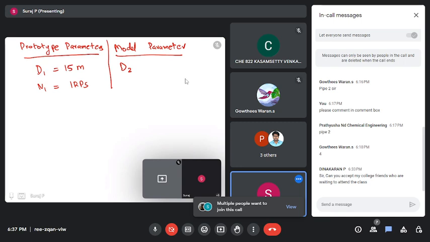Can you please tell which one we should use, Reynolds number or Froude number? In both the cases, velocity and diameter are given. So we can use either Re1 equal to Re2 or Fr1 equal to Fr2.